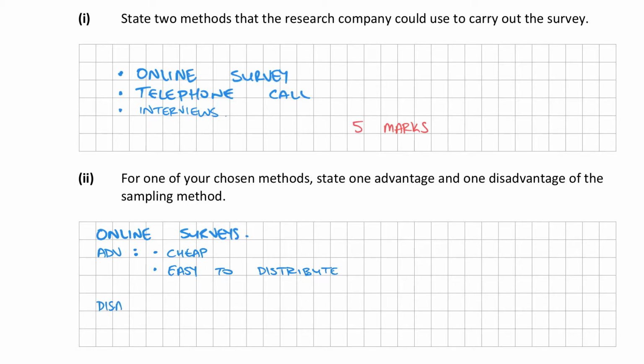Disadvantage would be that there is a limited sample available due to IT. So not everyone will be able to complete the online surveys, what that means. So limited sample available.